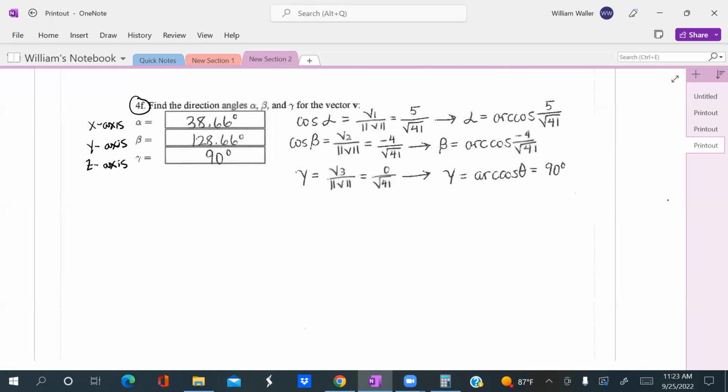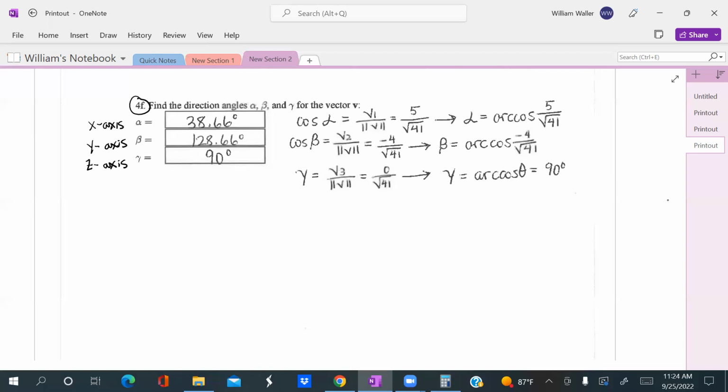But it's not difficult to find these angles with a little bit of trig because we have formulas for them. The cosine of alpha is just the i component, the first component of the vector, divided by the magnitude of the vector. The cosine of beta, the angle that the vector forms with the y-axis, is just the second component, the j component of the vector, divided by the magnitude of the vector.